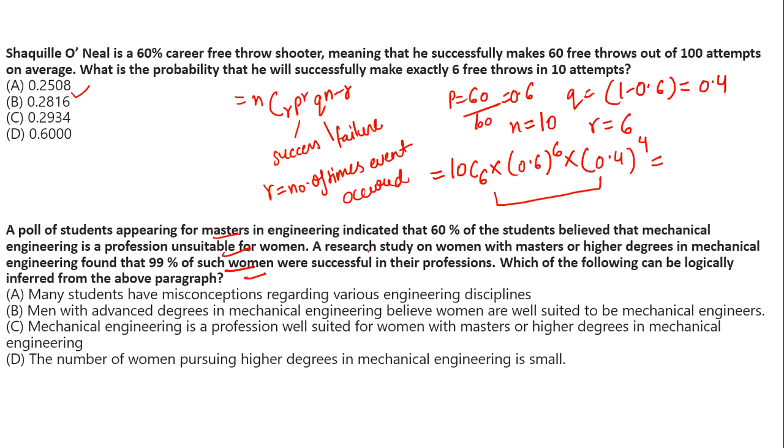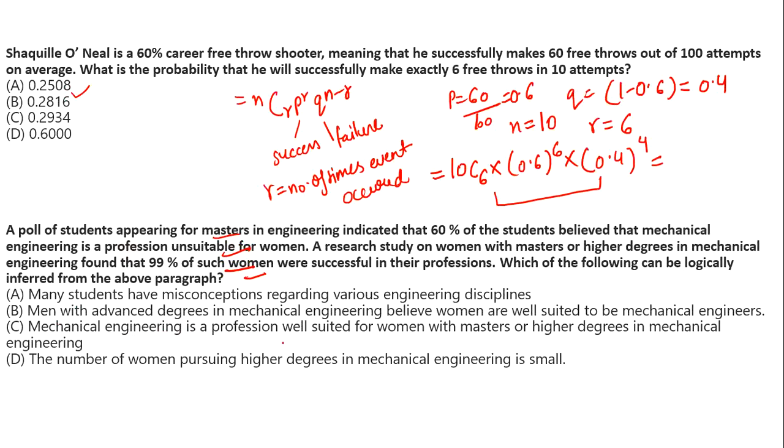So we are not sure about that, because nowhere is it mentioned that students have misconceptions. Next: men with advanced degrees in mechanical engineering believe women are well suited to be mechanical engineers. This is also not mentioned anywhere, right? So we cannot make any assumption by ourselves. I have told you right now.